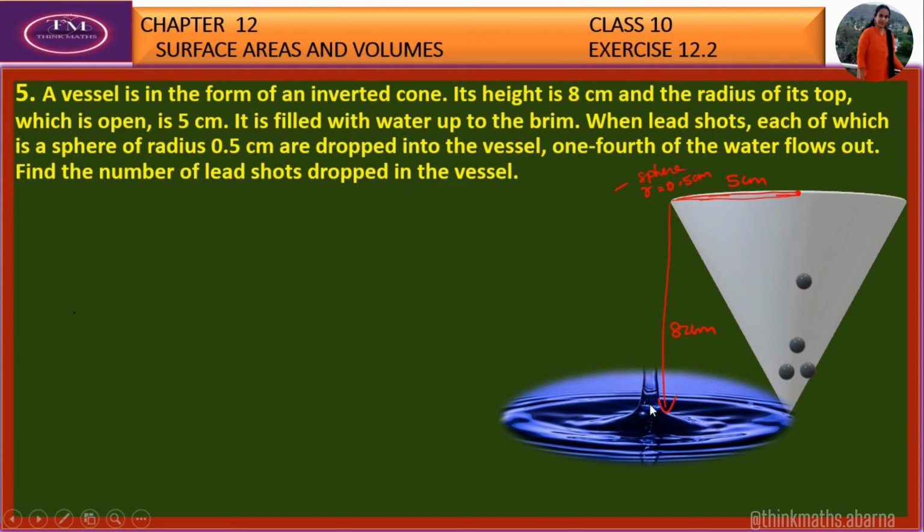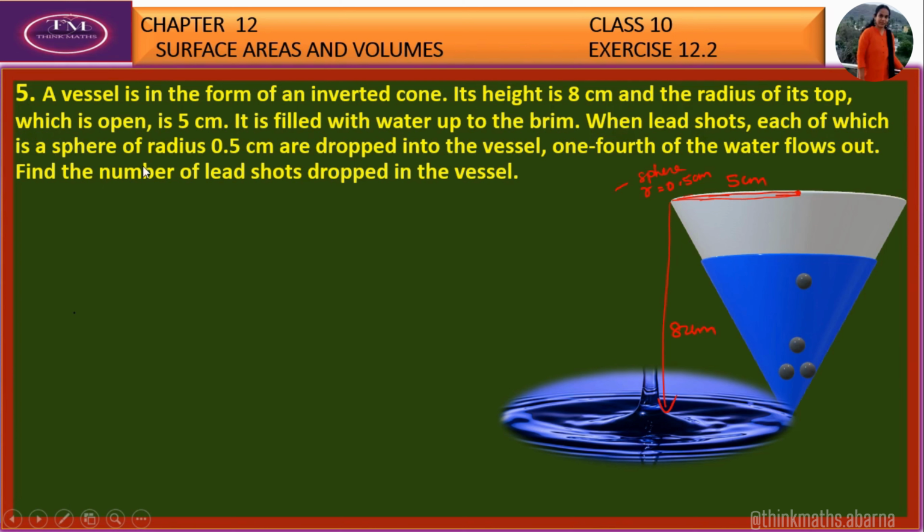So the volume of the water will be reduced. In this portion, there will be some water. This water will flow down when the lead shots are poured into the cone. So now the water level will be up to this.